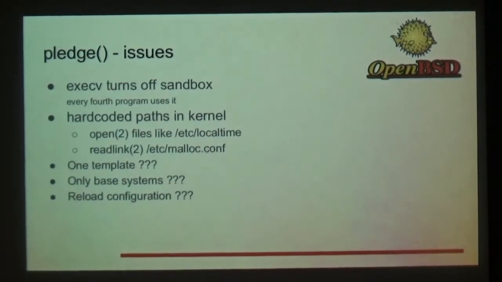And every forking program is using it, so in my opinion, every forking program isn't secure enough. Another thing is that programmers from OpenBSD decided to hardcode the paths from the user land in the kernel. In my opinion, it's not very clean, and I would look for other methods to do that.